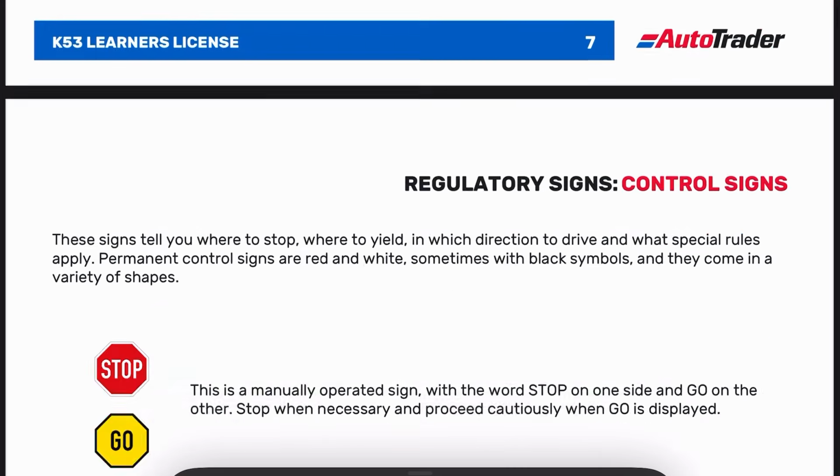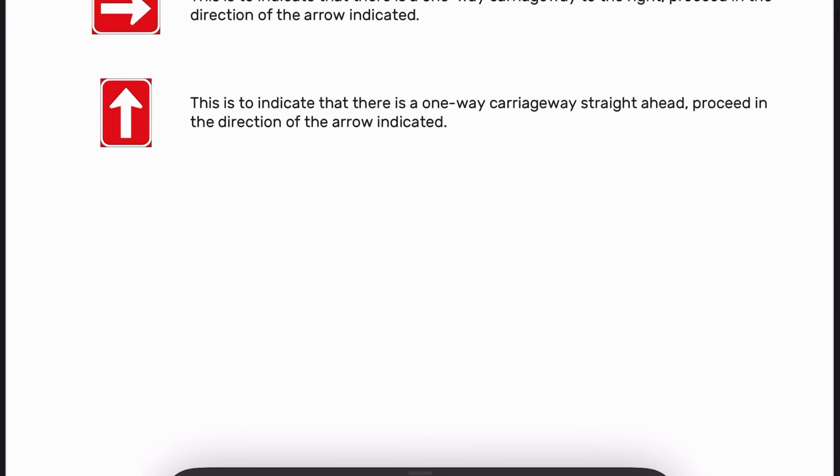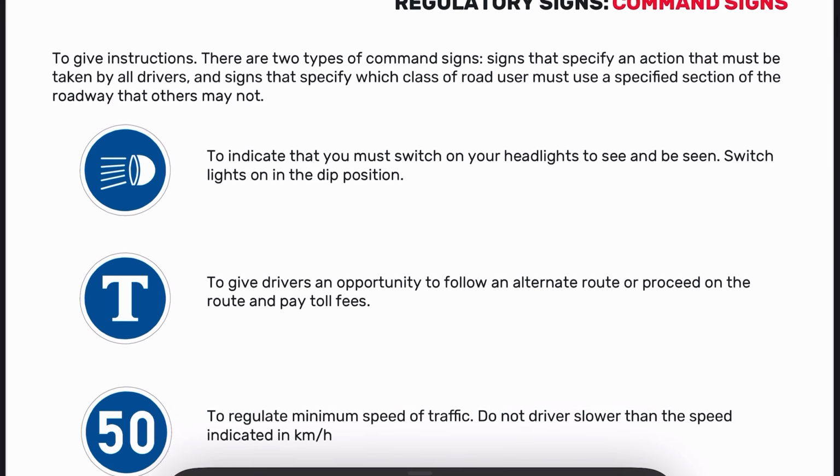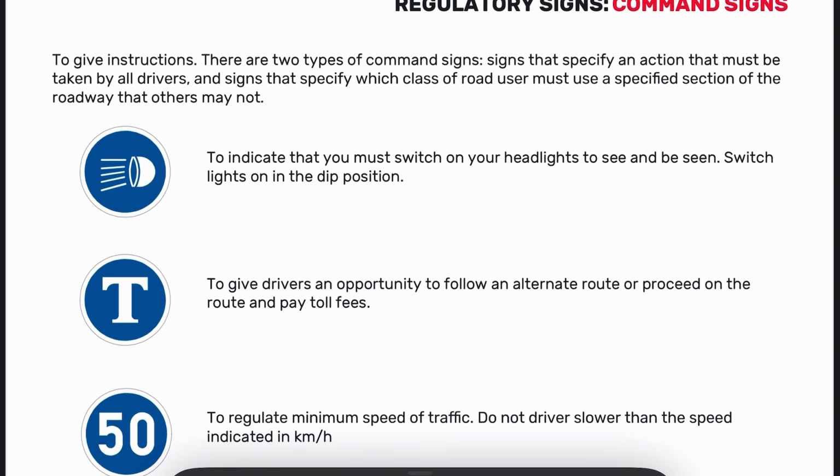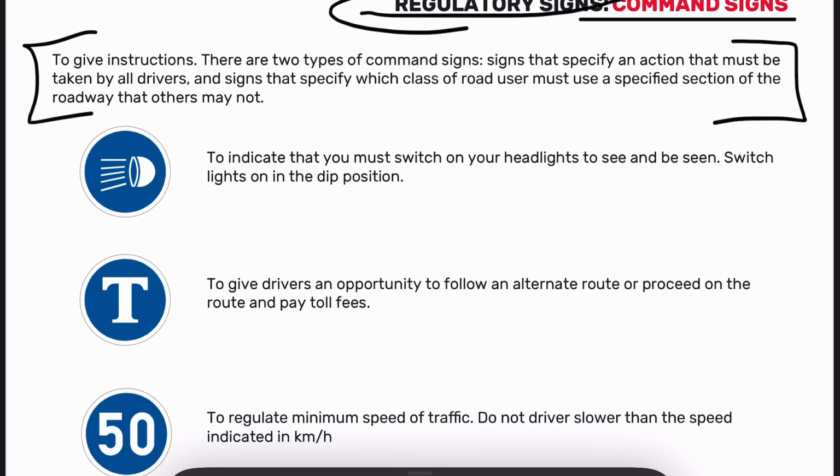Now if we move all the way down to the command signs. The command signs are still part of the regulatory signs. When we read the description that we are given there, these signs are there to give instructions.